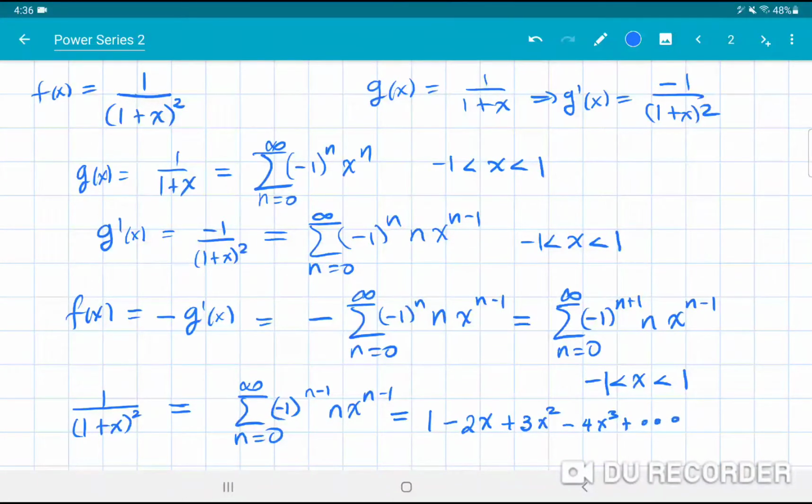This is the power series expansion of 1 over 1 plus x quantity squared.